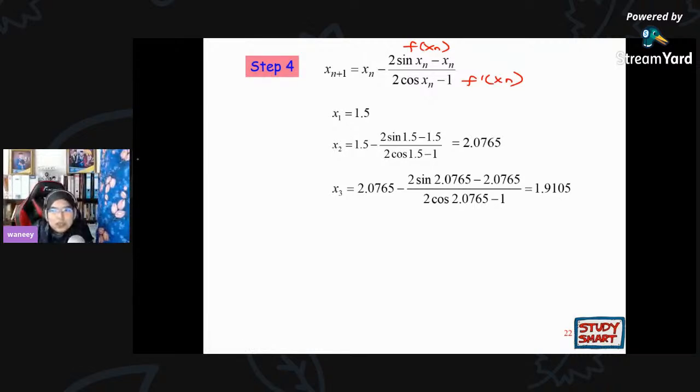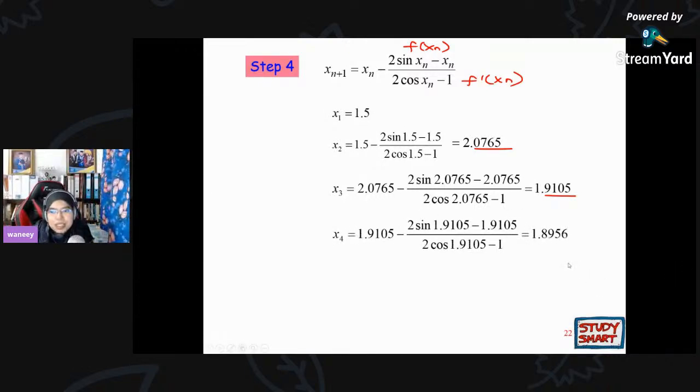So do make sure to be very consistent with your decimal places. So 4 decimal places, and continue until you see something that is similar. Okay, let's see whether it is the same for x4. Okay, so I substitute with 1.9105 and I get 1.8956.